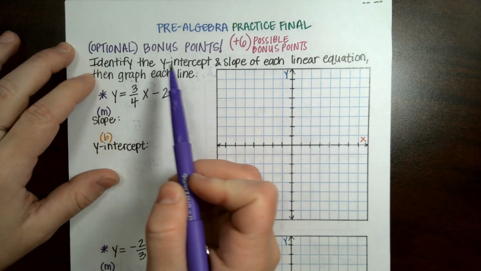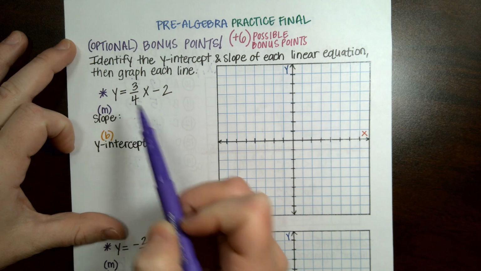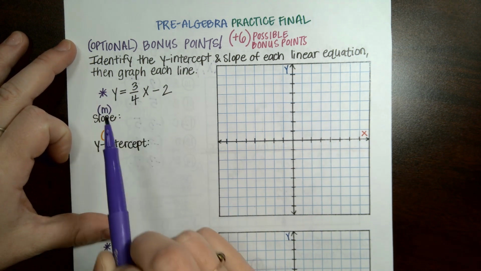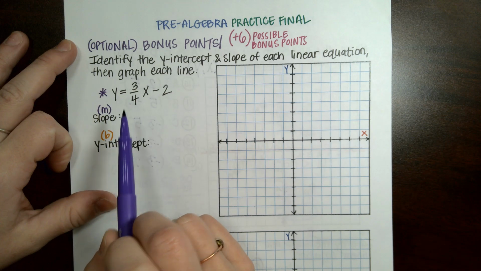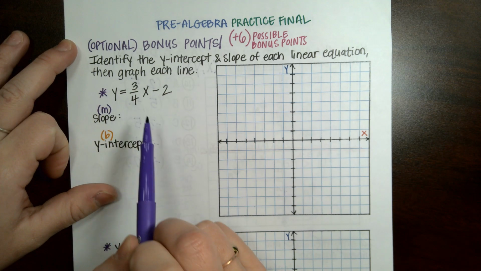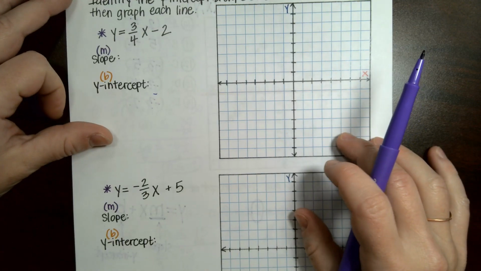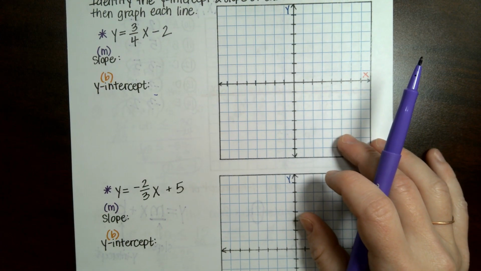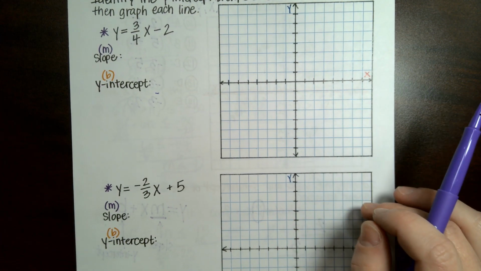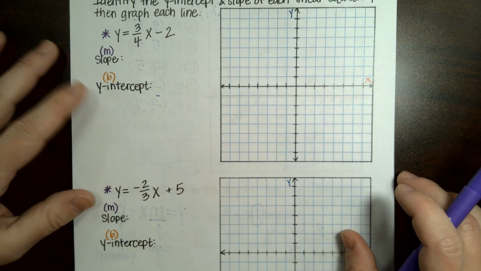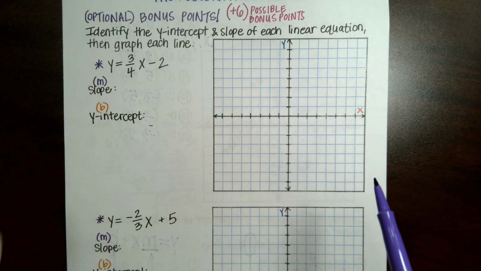You are going to identify the slope and the y-intercept of the equations, 1 point each for correct answers. So if you put the right slope, that's a bonus point. If you put the right y-intercept, that's a bonus point. So automatically, if you know how to identify those, that's automatically like 4 bonus points. The other 2 are going to come from graphing these lines.